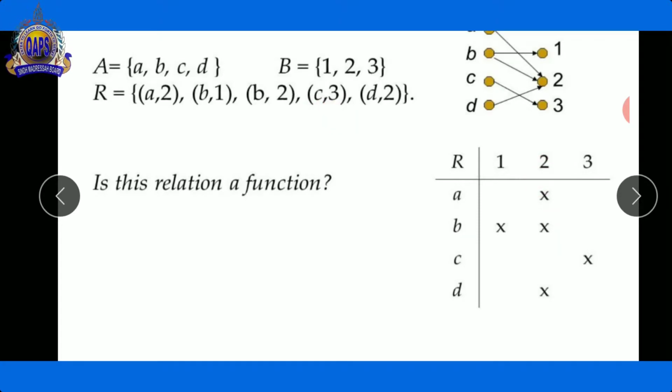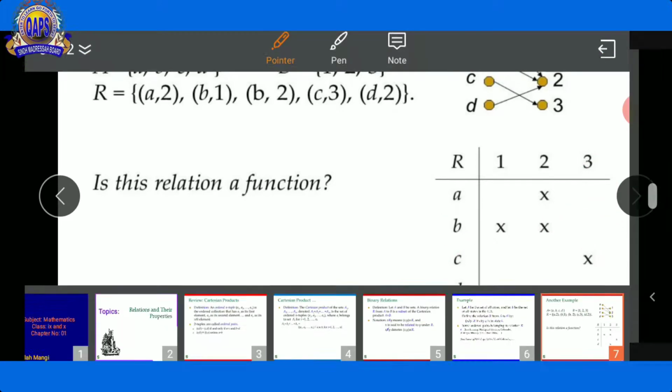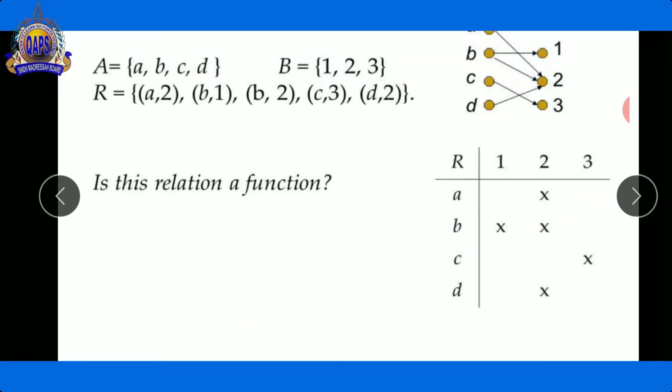C is related with 3, and D is related with 2. Because A is not related with 1, there is no number there. A does not belong to 3, so there is no number. B does not have 3, so there is no number. So this is the form of relation.